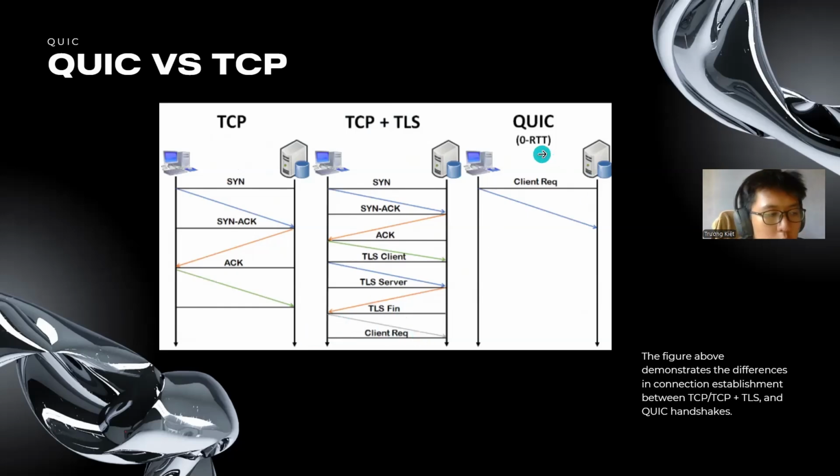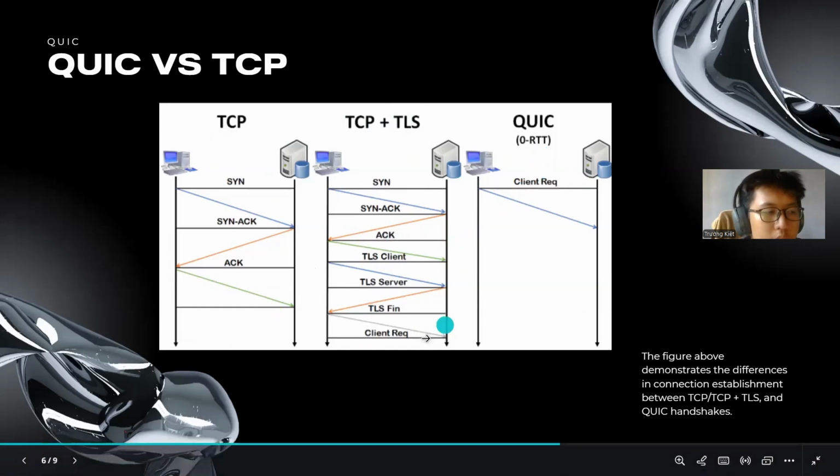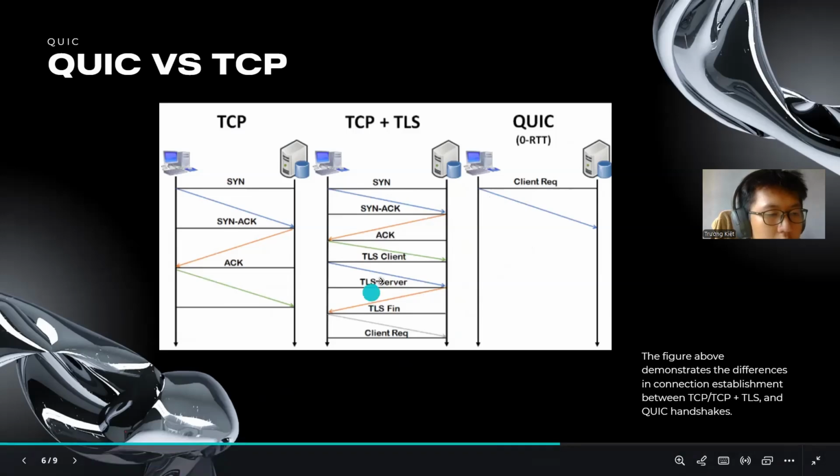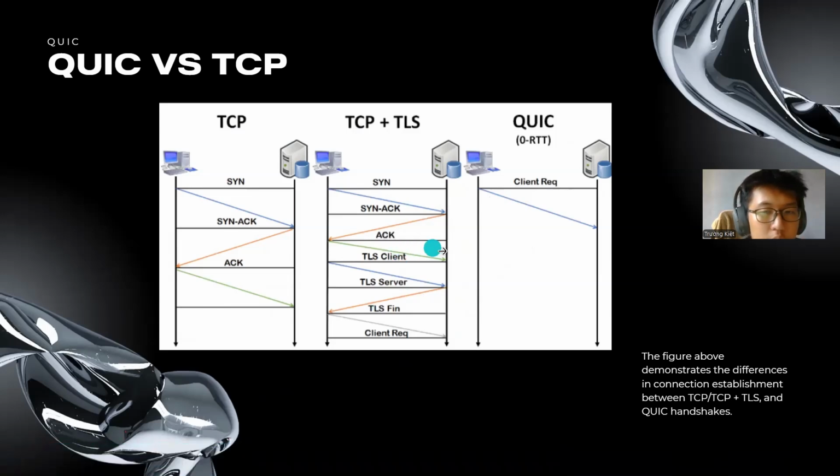In contrast, QUIC combines both transport and security handshakes into a single process. It can establish a secure connection in just one round trip, known as 1-RTT. For returning connections, QUIC can even use 0-RTT, allowing data to be sent immediately without waiting. Overall, QUIC significantly reduces connection setup time compared to TCP.